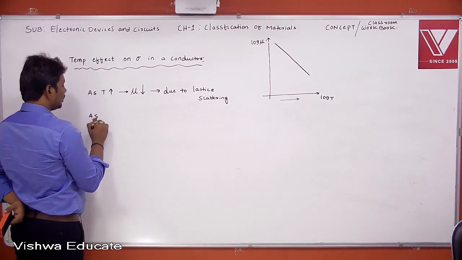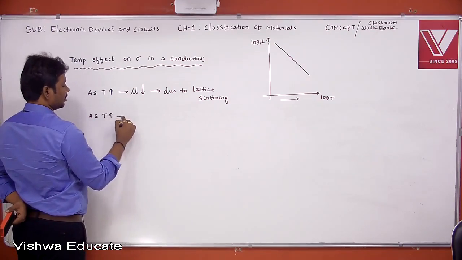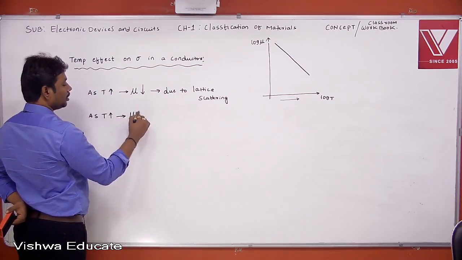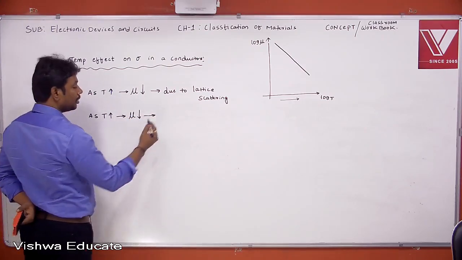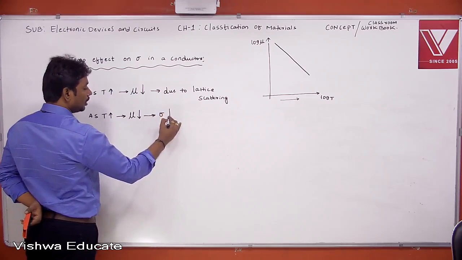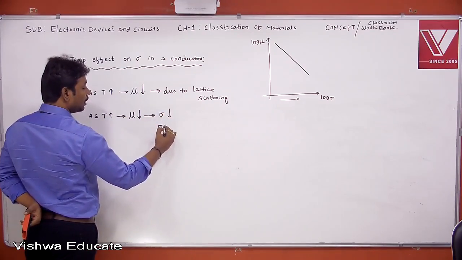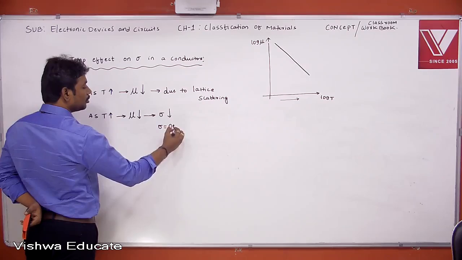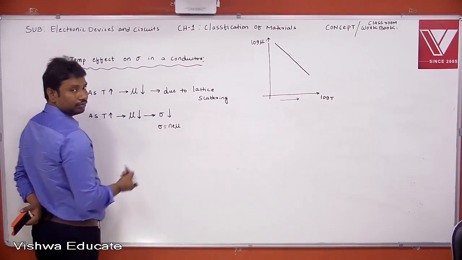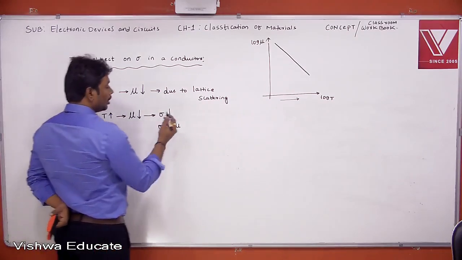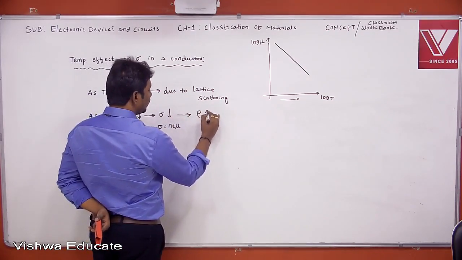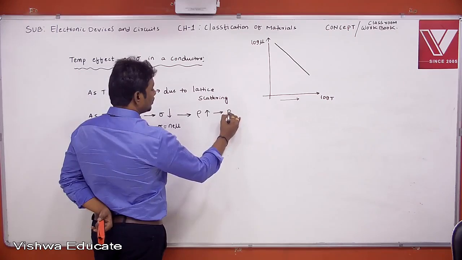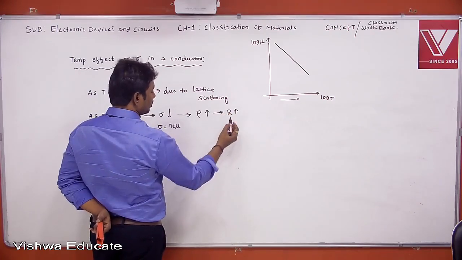First, tell me, as temperature is increased, what about the mobility here? Decreased. Right? So mobility is decreased. Then what about the conductivity? Decreased. Why? We know sigma equals N into E into mu. Right? If conductivity is decreased, what about the resistivity? Increased.